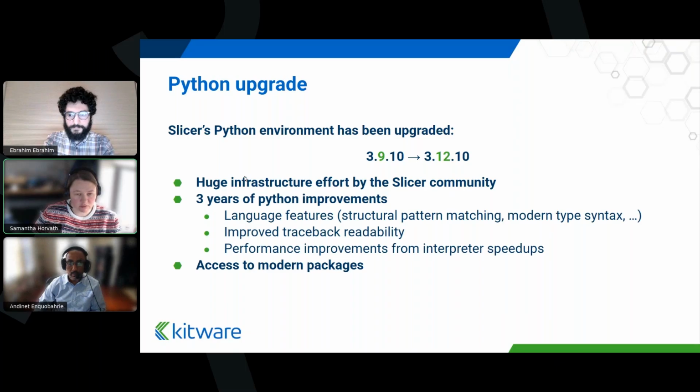Because our medium and advanced users often want to install their own Python packages for their own processing pipelines into 3D Slicer, and we were encountering a situation where the 3.9 packages were starting to come out of support and no longer be available. And so with the big change getting through the 3.10 updates, we should be able to keep the Python versions within Slicer more modern as we go forward.